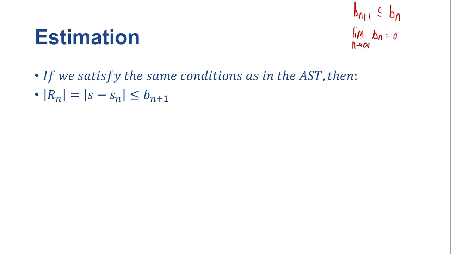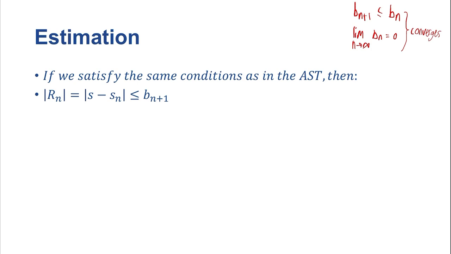Then our series converges, so that implies convergence. And then we can say that the absolute value of the remainder, which is the absolute value of the sum minus the nth partial sum, is less than or equal to b sub n plus 1.